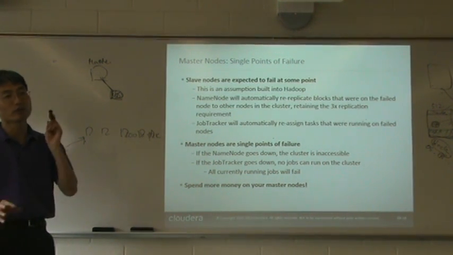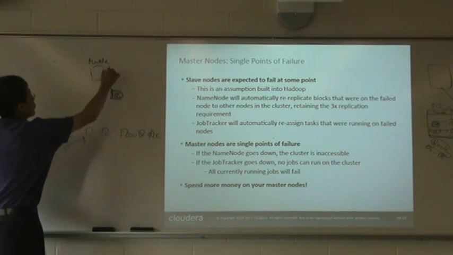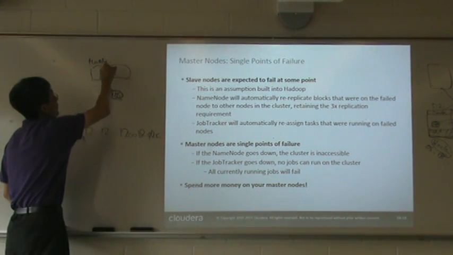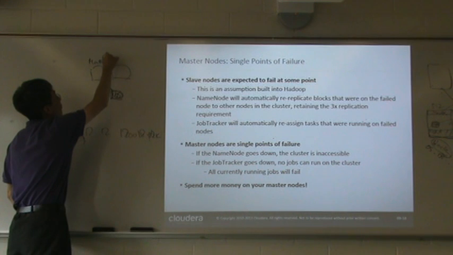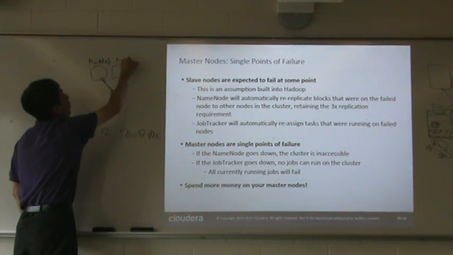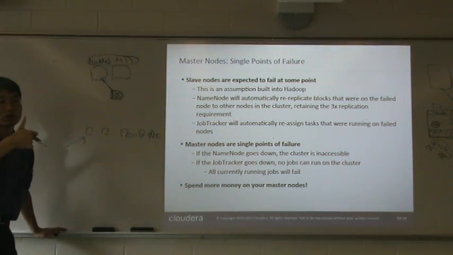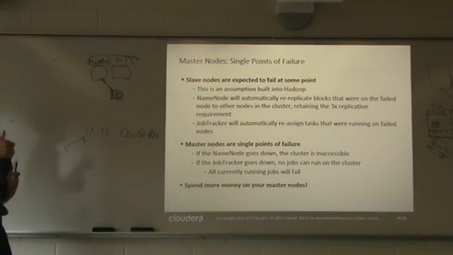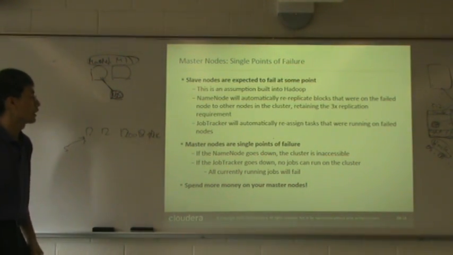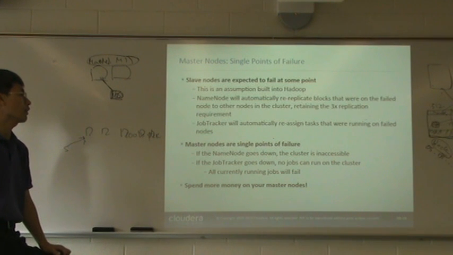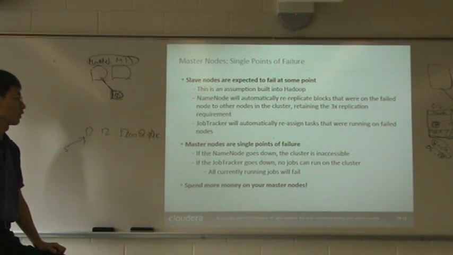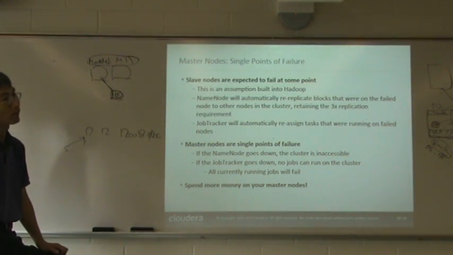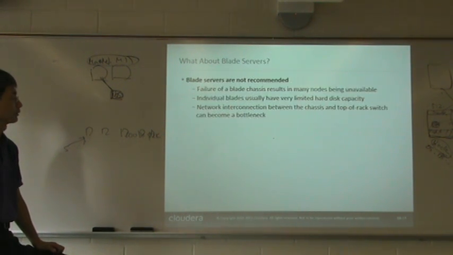At that time, when they use 2 master nodes, it's not like master node 1 and master node 2. Logically, it's 1 master node, but physically they can be separate. But you should have the coordinator. So that is the reason you'd better spend more money for the master node.